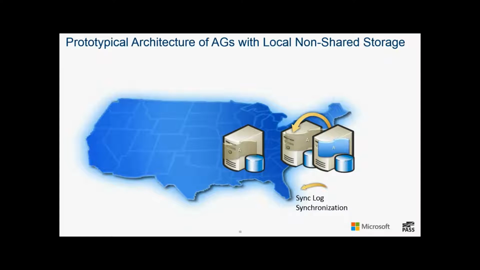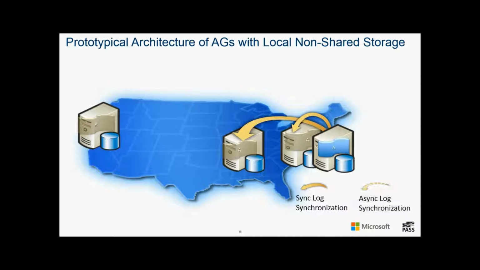And we may have another server hosting the availability group in a geographically dispersed data center, and it's close enough that we can still get by with synchronous log synchronization. And if we really want to be thorough, we have another geographically distributed node, and this one's far away. And we're using async replication.